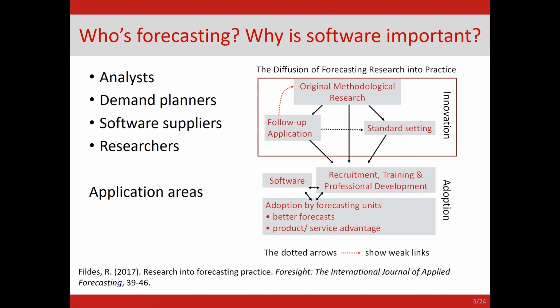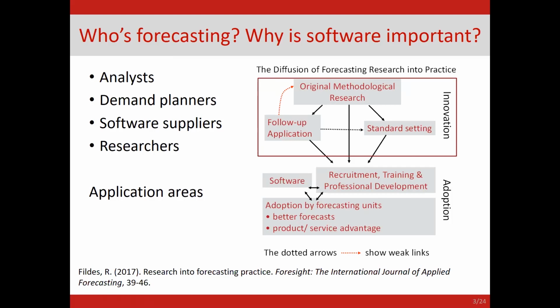So a key issue is the delivery of software and the design of software to support the different uses. On the left-hand side of the screen, I've suggested some of the uses. Of course, there's research uses, analysts who can be extremely expert, can write the software themselves, and we'll be talking about the increasing use and growth of open source software.